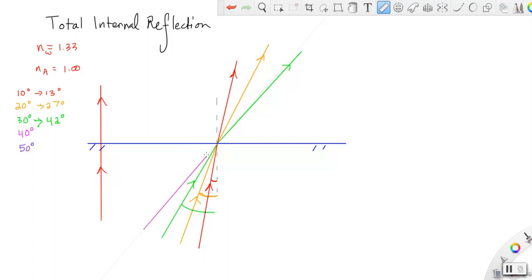That would bring a ray that looks like this, at 40 degrees from the vertical. What angle will that result in? If we run our calculation, that gives me 58.7 degrees, or we'll say 59 degrees here.